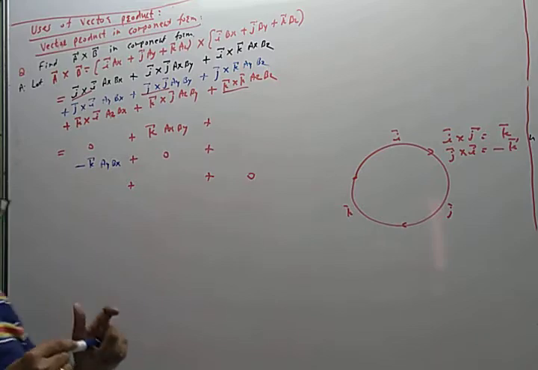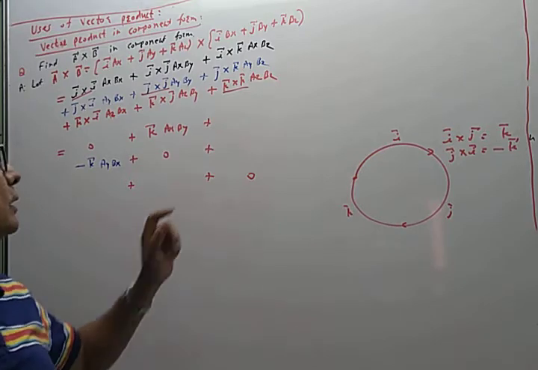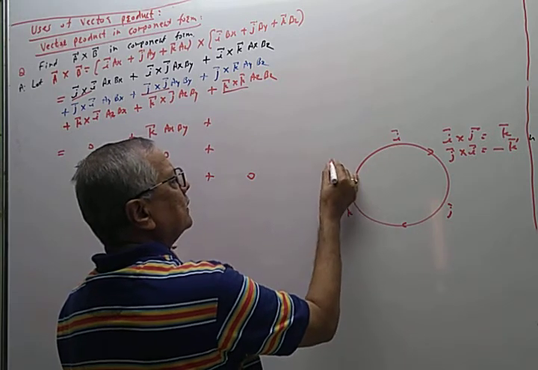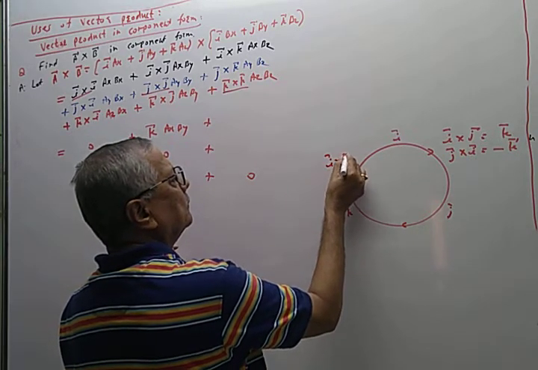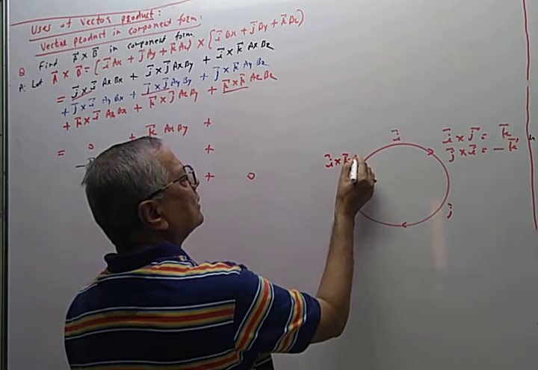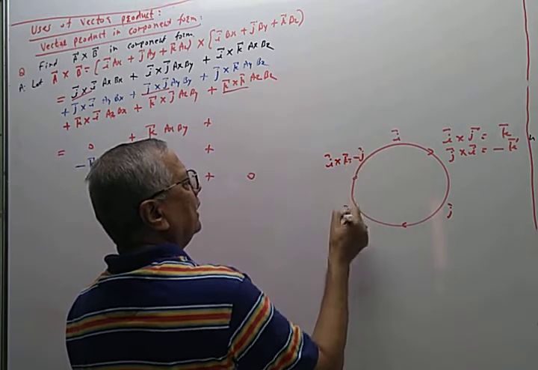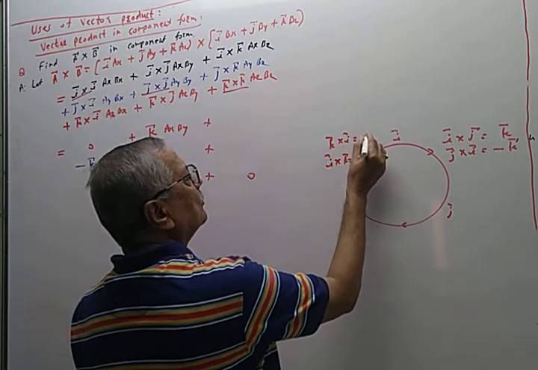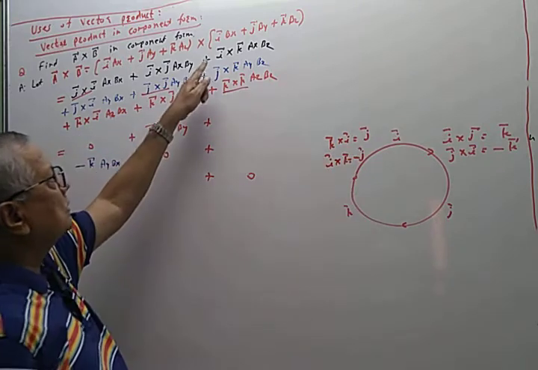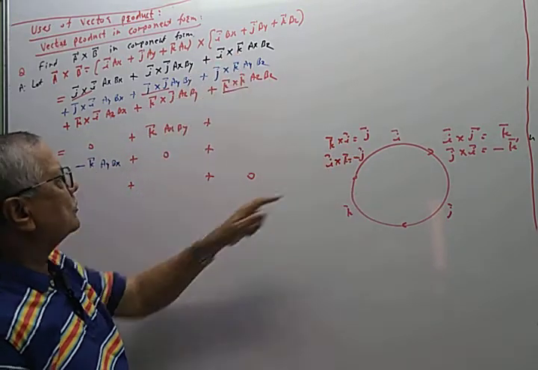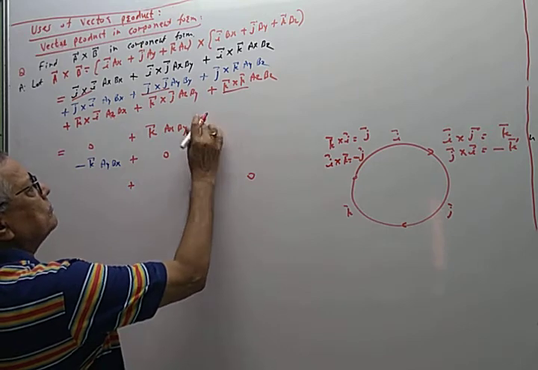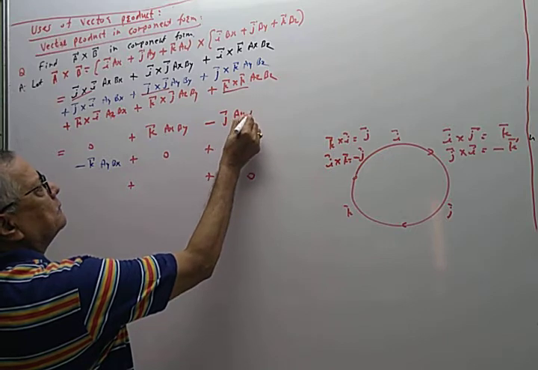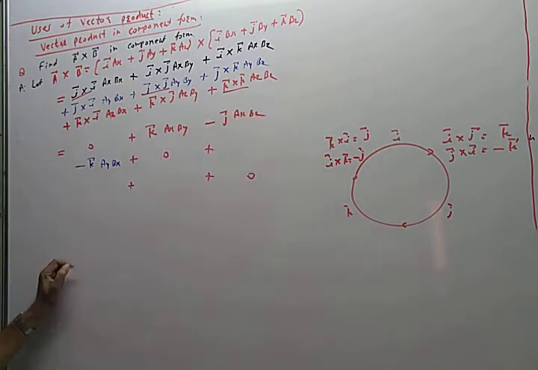Now i cross k. So i cross k means we are moving in opposite direction. So i cross k is equal to the remaining vector minus j, and k cross i, it is in clockwise direction. This is equal to plus j. So i cross k is equal to minus j. So this will become minus j times Ax Bz.